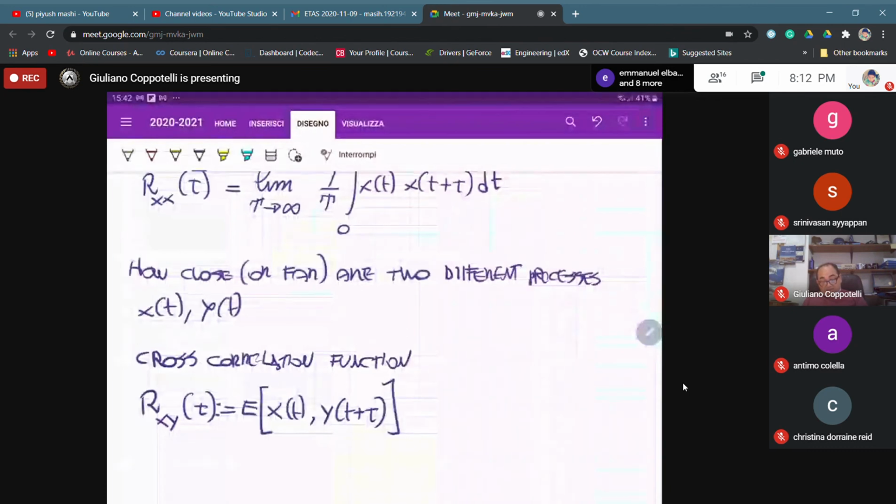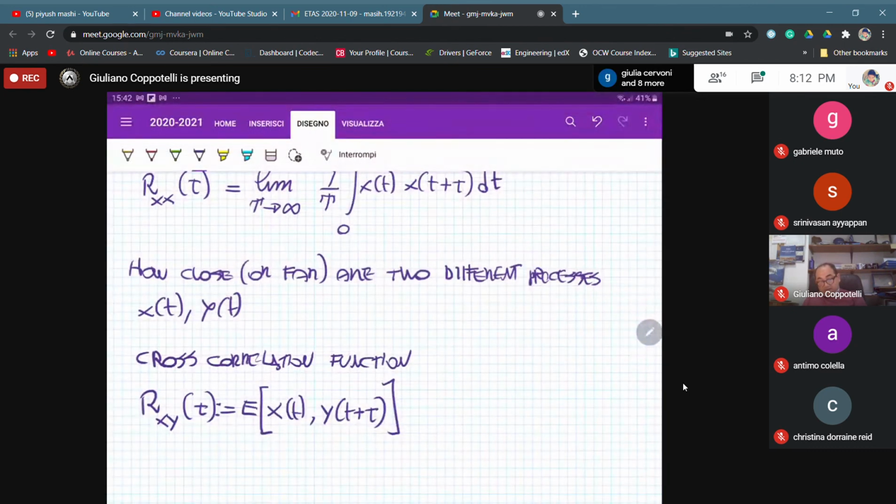And if there is the ergodic property, then we can write that as the limit, as T goes to infinity, of 1 over T, integral from 0 to T, of xt yt plus tau.